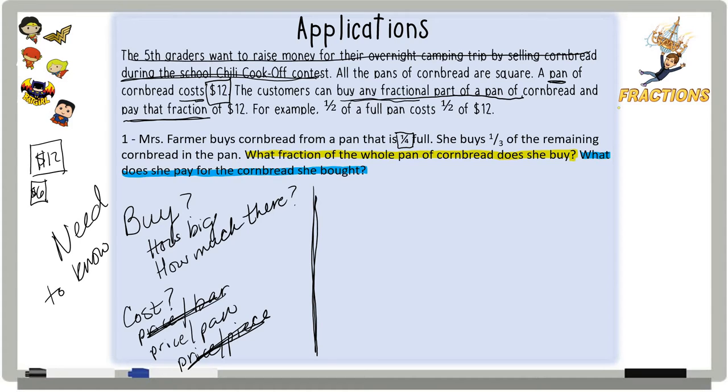So what it's saying is, here's your pan, and this is going to be weird, but I am going to cut off what's left. So like all this is gone. So we're only looking at this section right here. That's all that's left. All the rest is purchased or eaten.